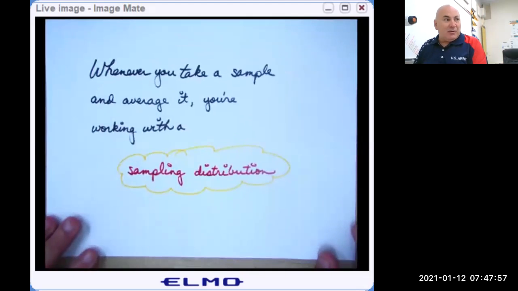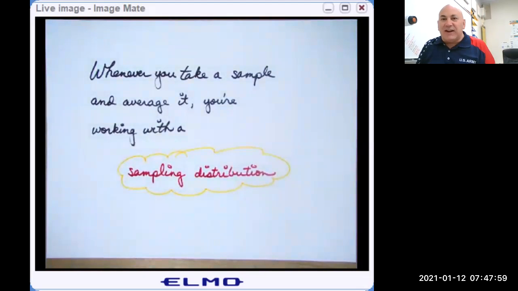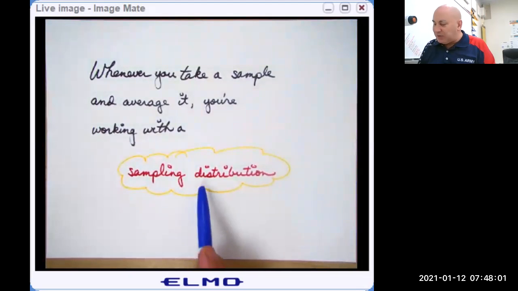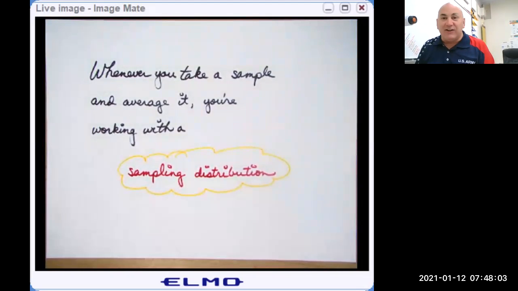So how do you know when to go with sigma as your standard dev or sigma over root n? Whenever you take a sample and average it, you're working with a sampling distribution, and hence you need to work with the central limit theorem.